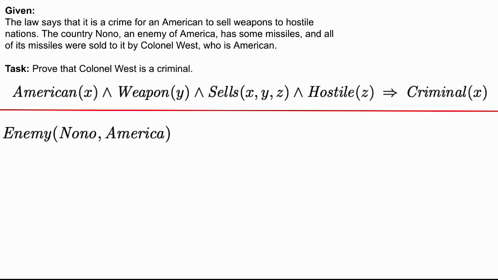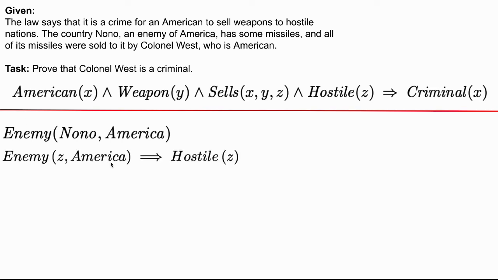So let's see what we have got. What we have been told is that Nono is an enemy of America, which means I can take a function Enemy with two arguments, Nono comma America, and this will be true. Now remember that the law says that Z must be hostile, but what is given to us is the word enemy, and it is not obvious that these two are the same.